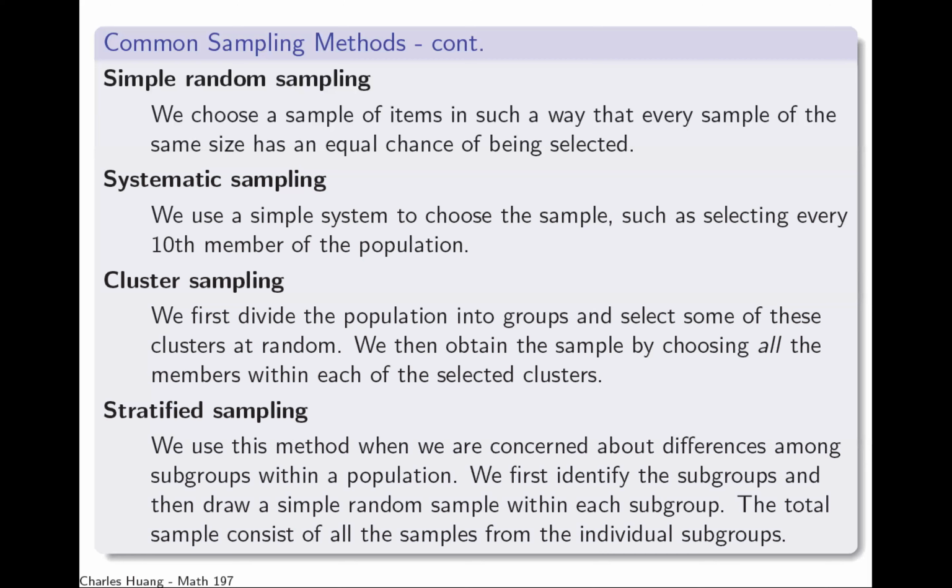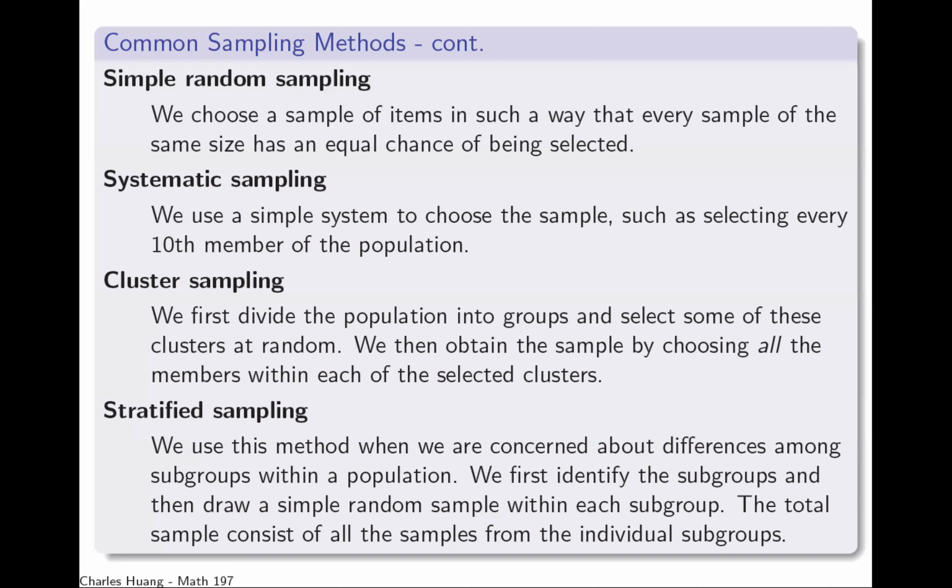Sometimes our population has different groups, whether it's groups of different race, different gender, or different age. We might want to make sure that we select people who belong to these different groups, and every single group is covered proportionally.